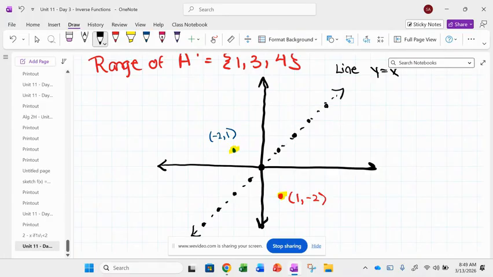So if we're reflecting over the line y equals x, it's almost like we're folding the paper over that line and creating a mirror image on the other side. If I'm folding the paper over this, that creates that point (1, -2). That is not a coincidence. That is always the case. Whenever you plot a function and its inverse, you are literally reflecting it over the line y equals x.